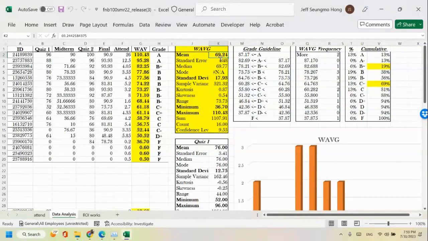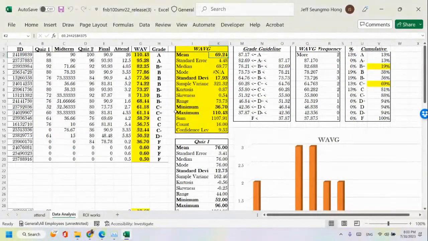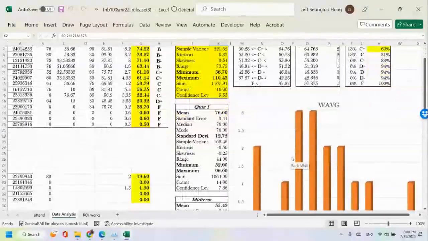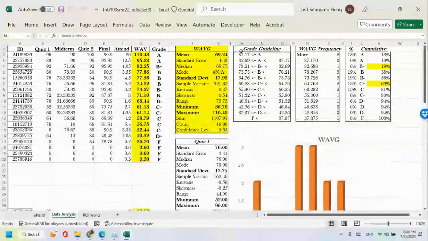Even in regular semesters, the mean of the weighted average ranged between 60 and 70, roughly. So if the mean was almost 70, that was good. And I use standard deviation and mean for the distribution of grades.